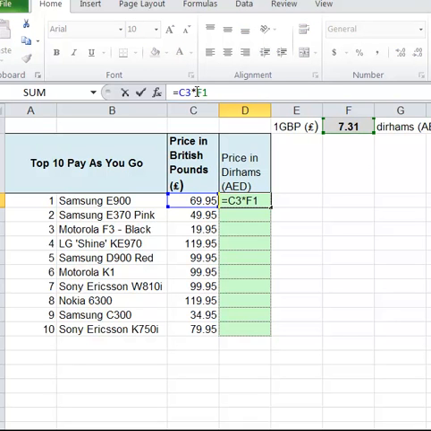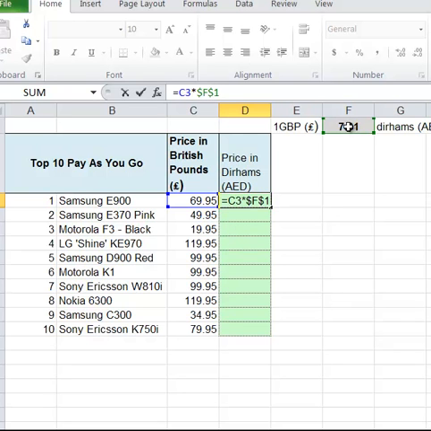So I'll put a dollar sign in front of both of them so that it doesn't change the value of the conversion 7.31. So this cell is fixed for all the calculations, and the next cell will be the multiplication of 49.95 times 7.31. The next one will be 19.95 times 7.31, and so on.